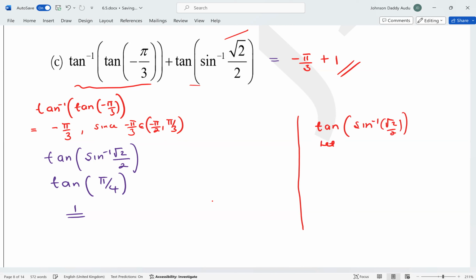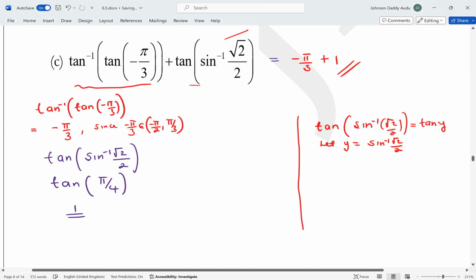You can let y be sine inverse of root 2 over 2. Then we are looking for tan of y, similar to what we just did.